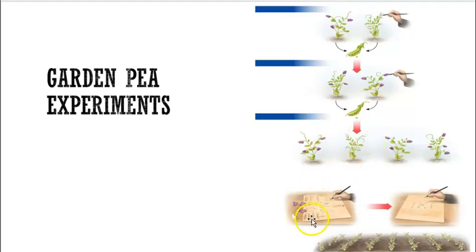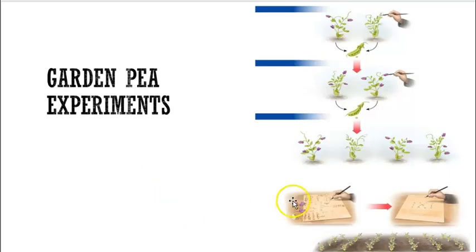One of the things that Mendel did is he kept very accurate records, and he did this many, many times over and over again. As you can see below, lots and lots of rows of garden peas as well. He didn't just do it with 1, 2, 3, 4 plants. We're talking about hundreds of plants that Mendel used.